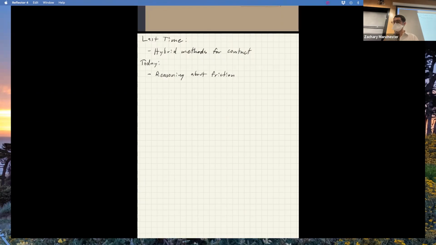So we'll talk about that briefly because we glossed over that last time. And then we're going to switch gears a bit and give a big picture of what to do in general with these kinds of tools that we've been talking about when you have model error or model uncertainty, how to deal with bad models. And then specifically, we're going to talk about an algorithm called iterative learning control.